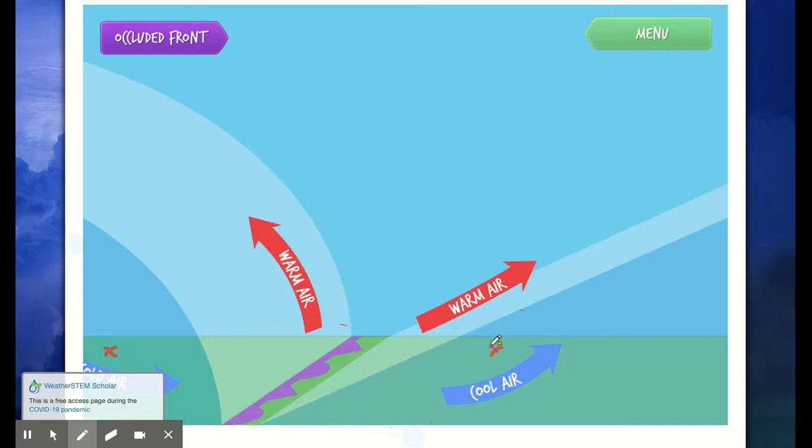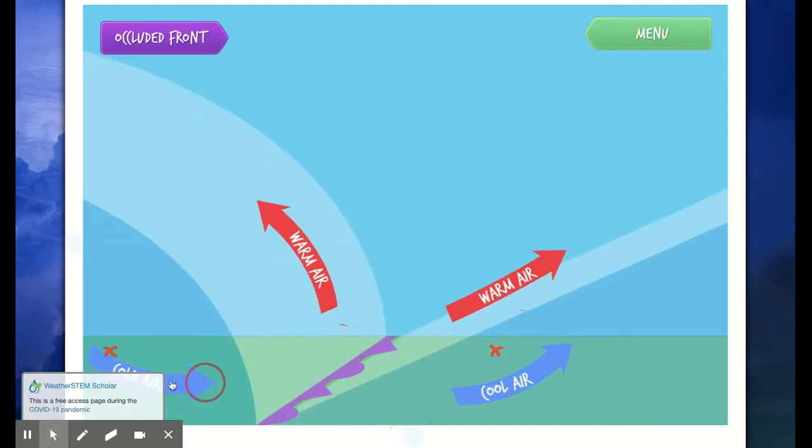Two separate cold air masses. They're kind of moving along, and eventually they scoop up a warm air mass that's in the middle of them. So there's two separate cold air masses. There's a warm air mass that was in the middle, and eventually as they're all moving, the cold air masses scoop up the warm air and force it up.